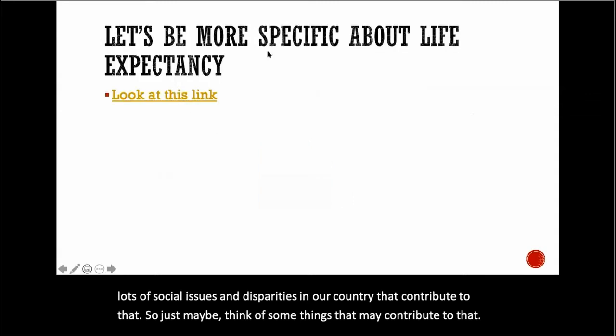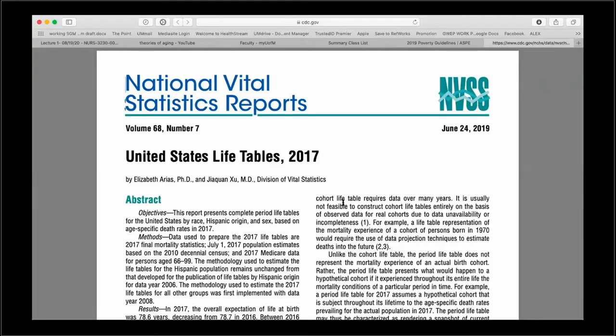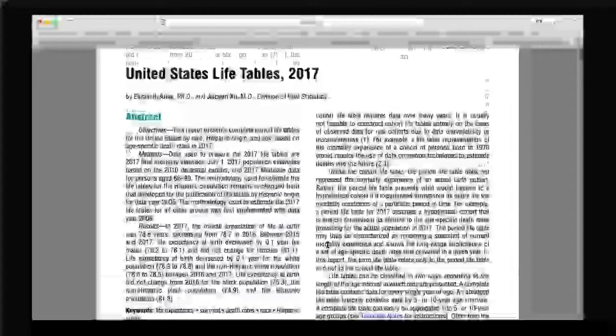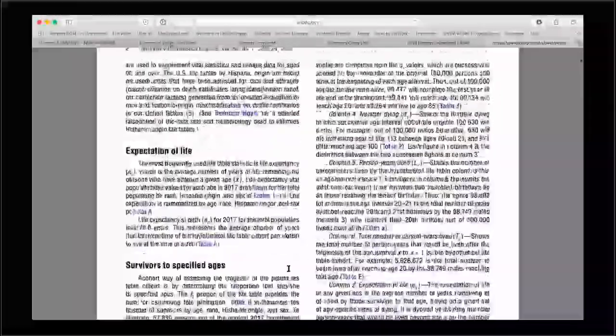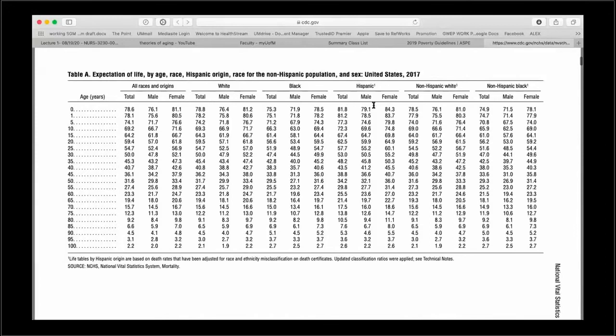All right, I'm going to show you a little bit more about life expectancy. I'm just going to scroll down to these tables. So it's a little more detailed here.